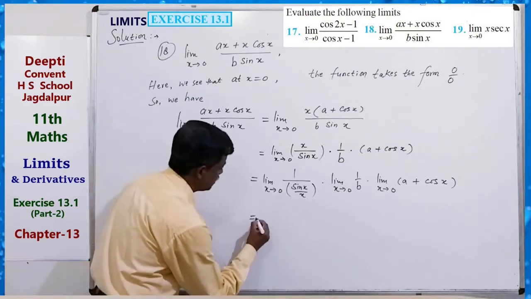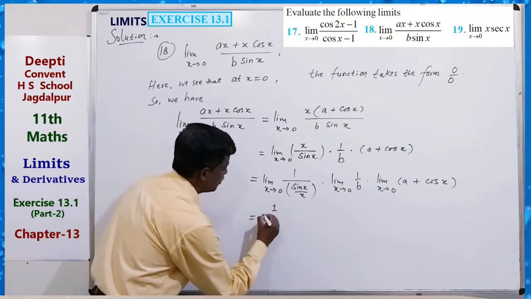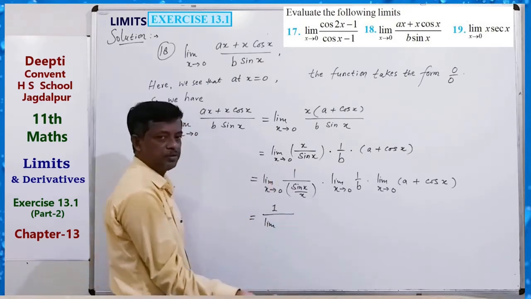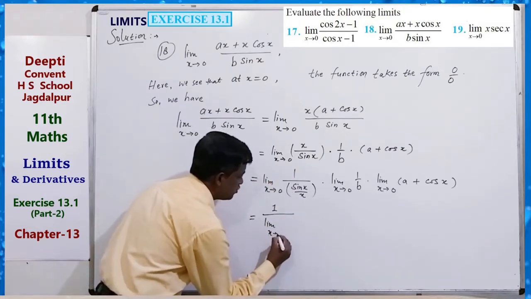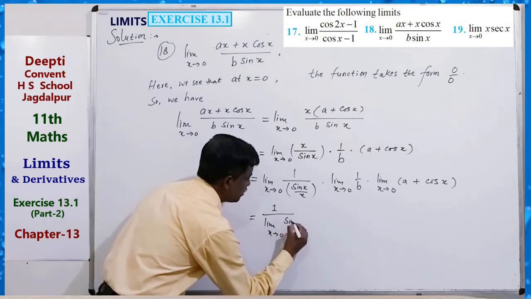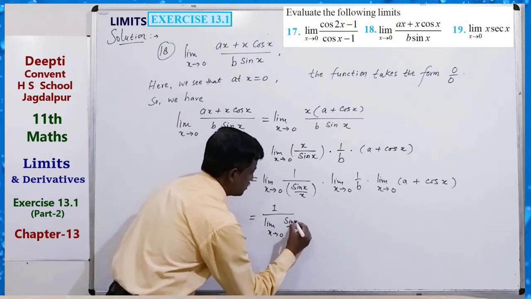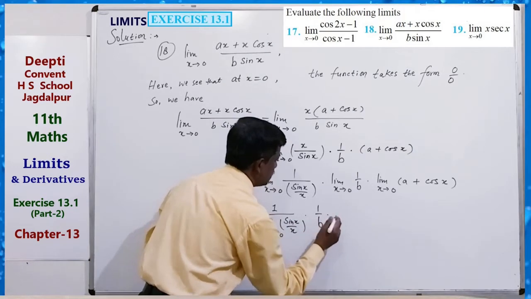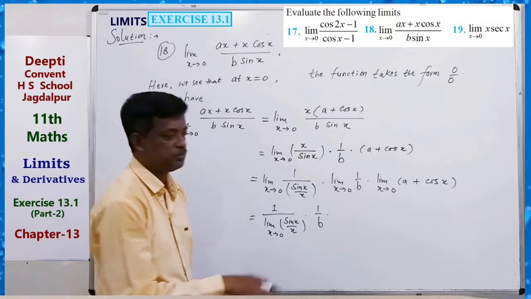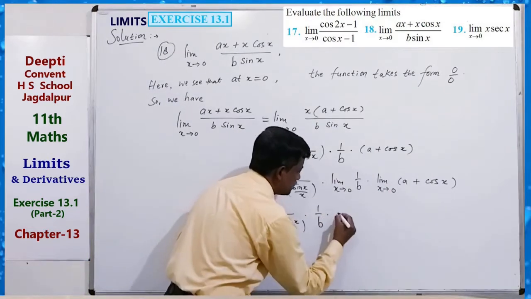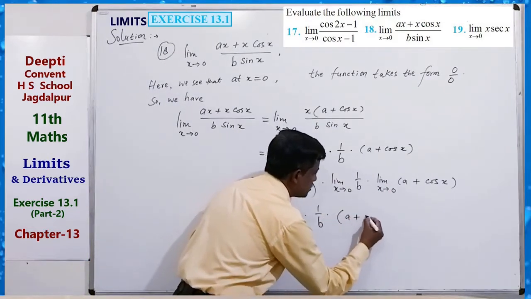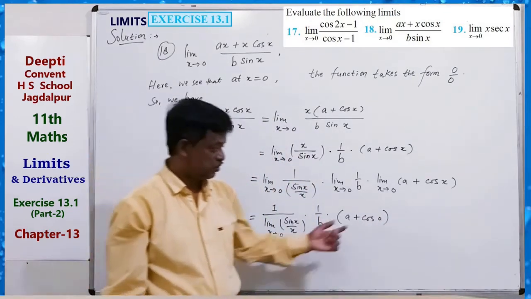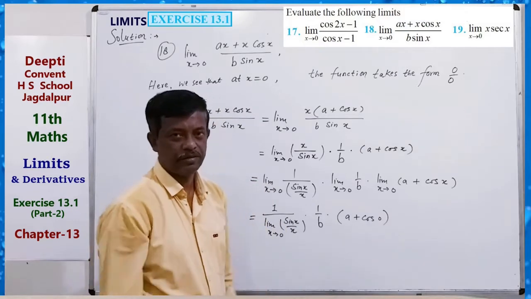So here we see that 1 upon limit x tending to 0, sin x by x into 1 by b, because limit of 1 by b is 1 by b, and limit of this a plus cos of 0, just we can get a definite value.